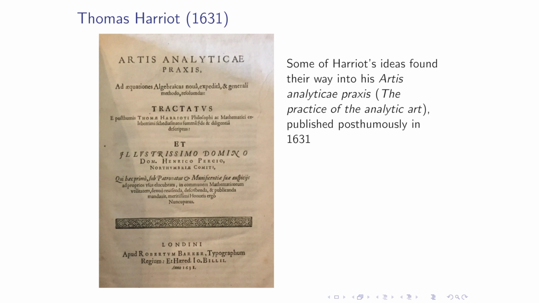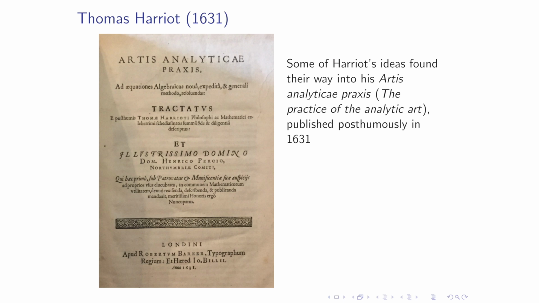So some of this makes its way into published form. So Harriot's manuscripts were circulating privately throughout the British Isles in the first half, well, throughout the 17th century really. They go missing for a while and there's a big hunt for them. But anyway, some of his ideas are published posthumously in this text, the Artis Analyticae Praxis.